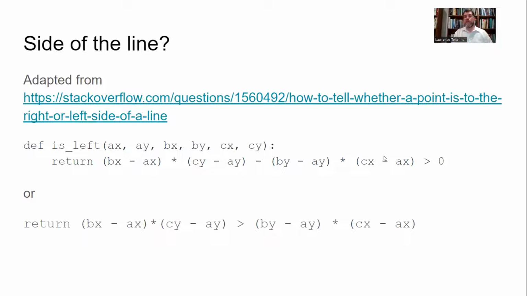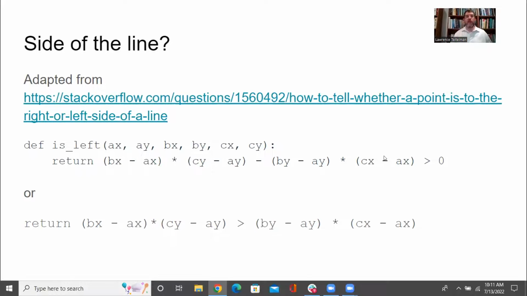If it's greater than 0, that means it's on the left side of the line. And if it's less than that, it's on the right side of the line. And that can be optimized slightly by moving this onto the other side. It cuts out one operation.